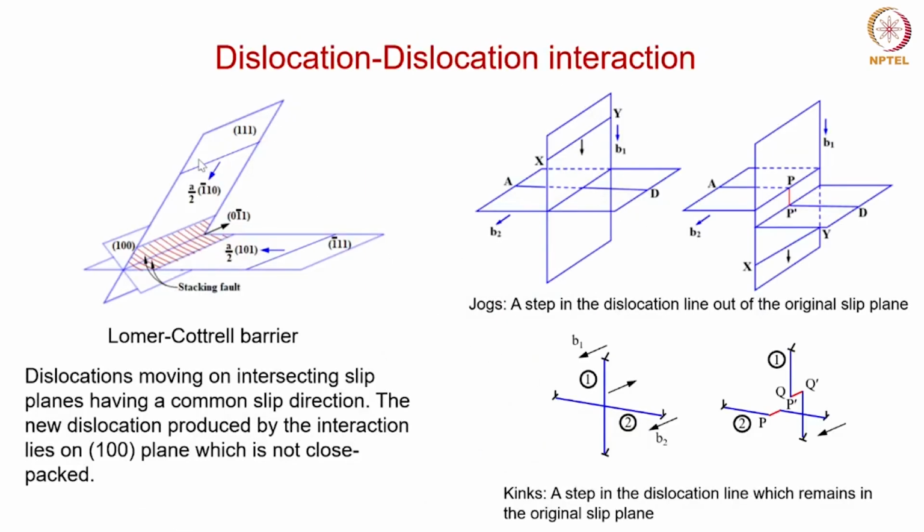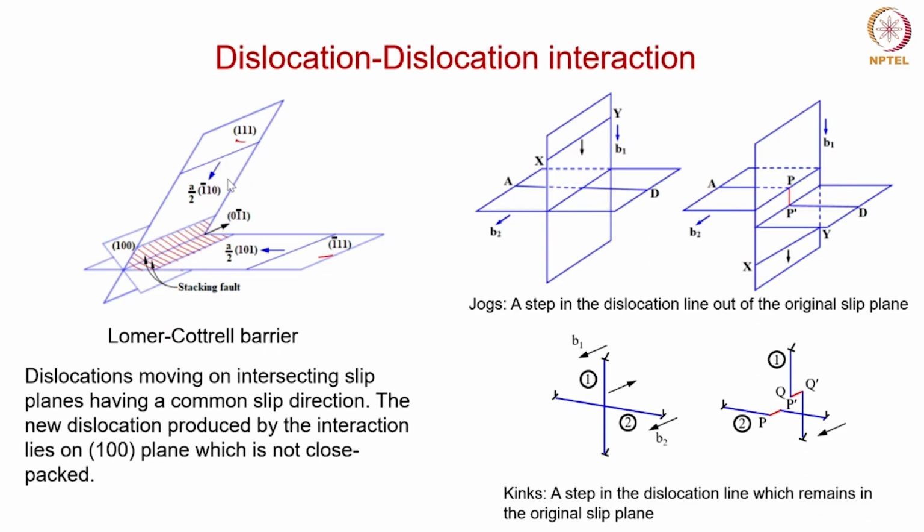For example, you can have a scenario like this where there are two intersecting slip planes. So let's say we are talking about an FCC crystal, and we know in FCC crystal the slip plane is the 111 planes. So these are two intersecting 111 planes, as you could see from this particular figure over here. And in both of these, dislocations are moving.